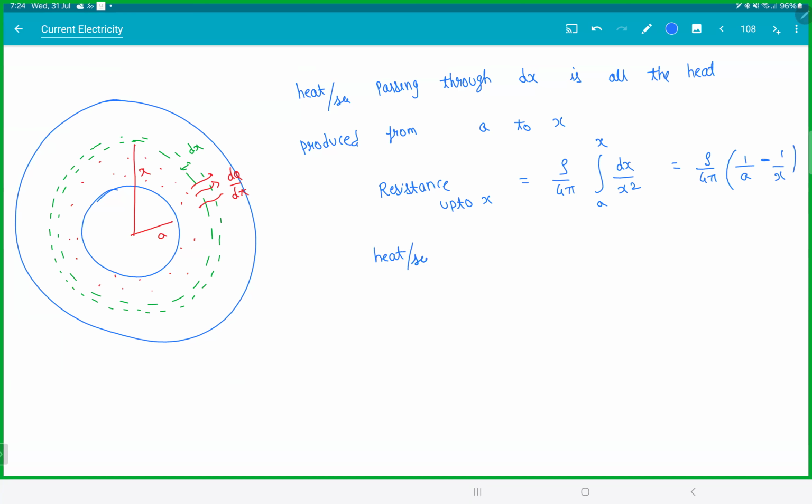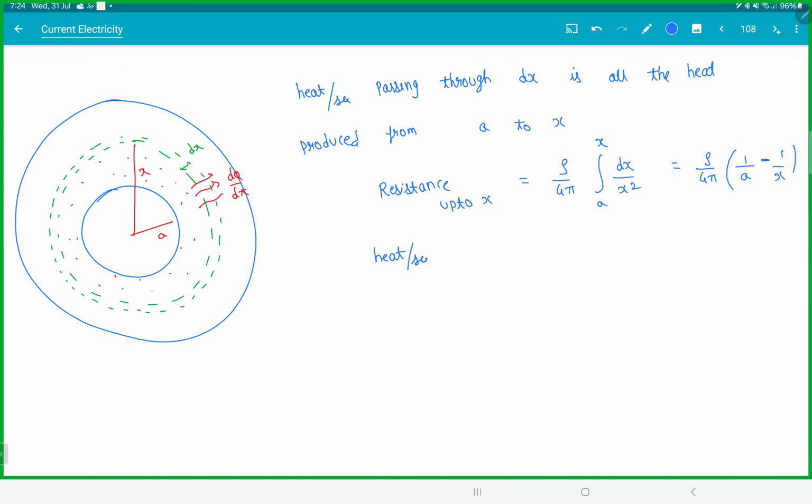So now the conduction formula: dQ by dt is equal to minus kA dT by dx. This is conduction, non-steady state basically. Every instant heat flow is not the same. Now dQ by dt is this guy, I square Rx, which itself depends on x. It is minus kA, where area is 4 pi x square, and this is dT by dx. Shift everything to that side.